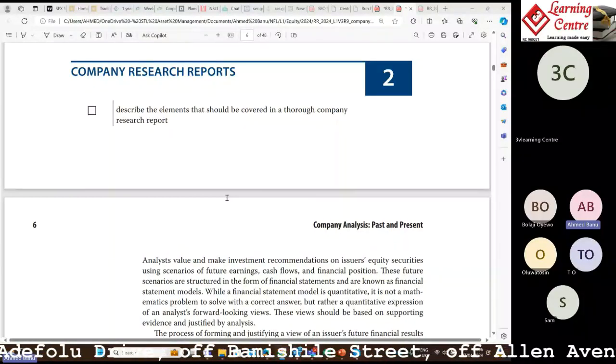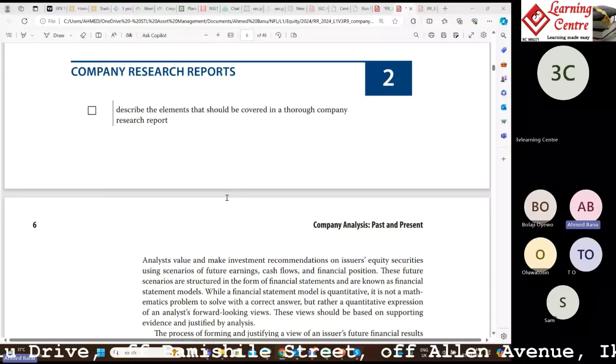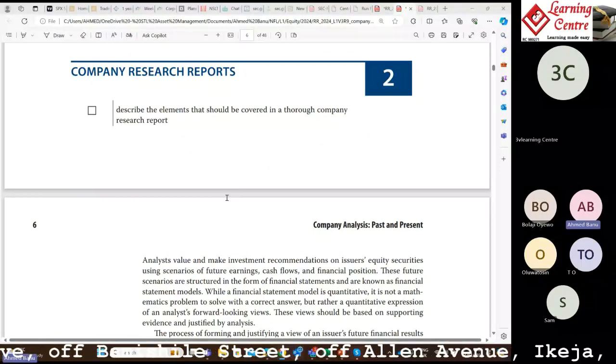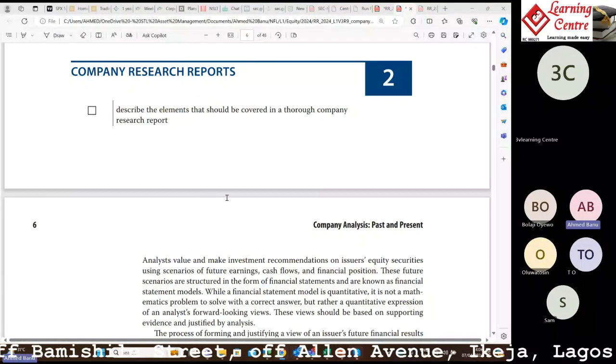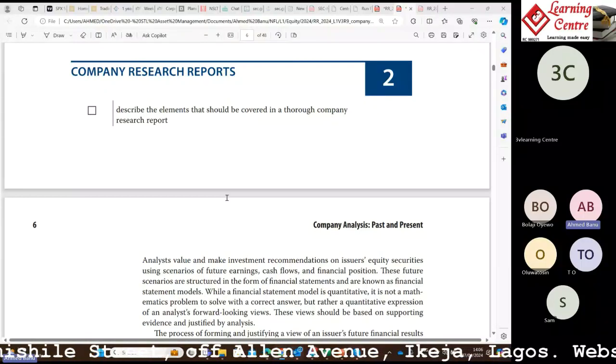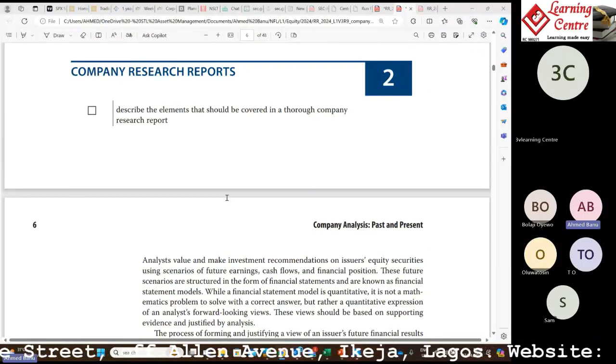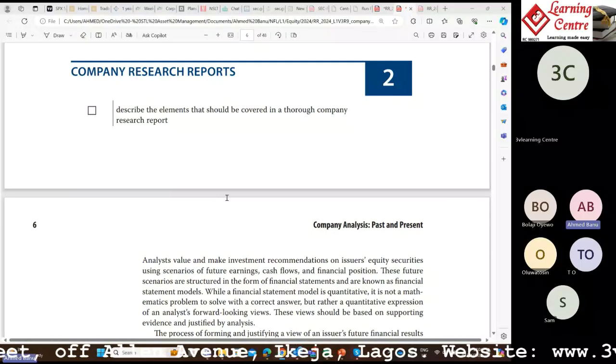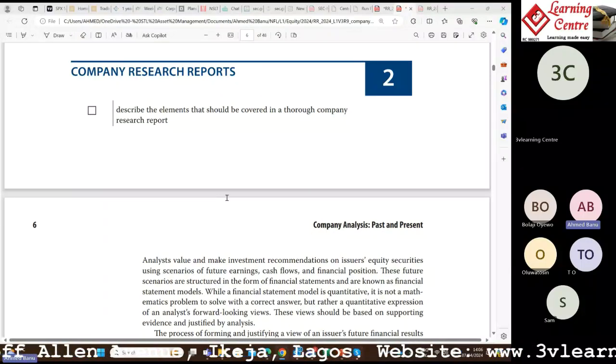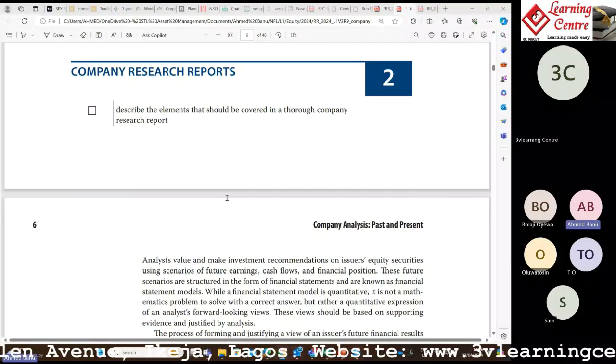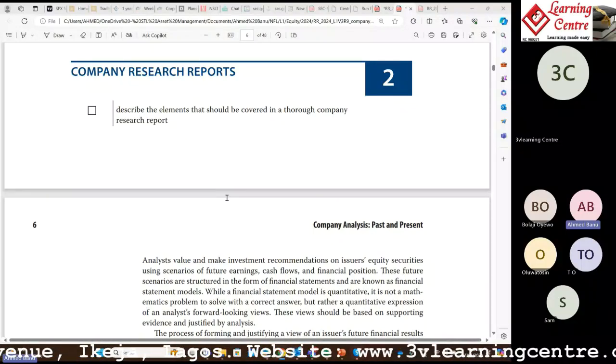Like I said, a research report is a report that's been provided by an investment firm that provides more information about an organization or a company. It goes beyond just providing information to providing what we call an investment recommendation.